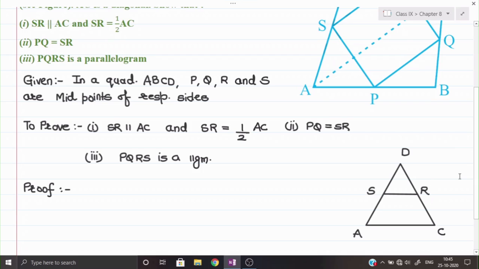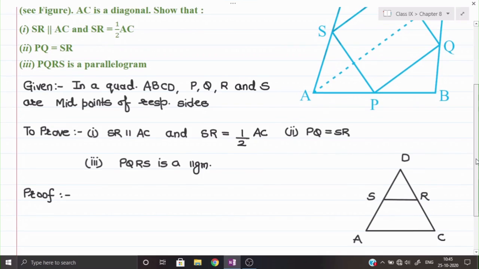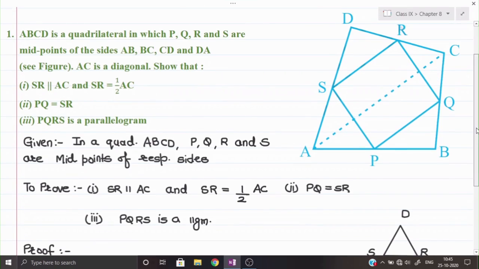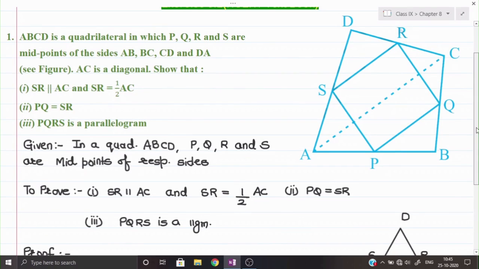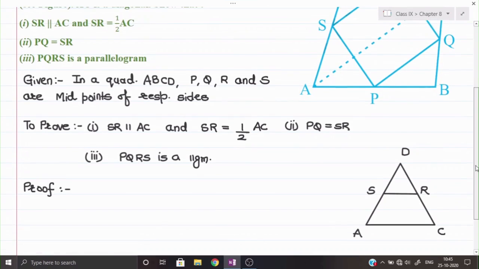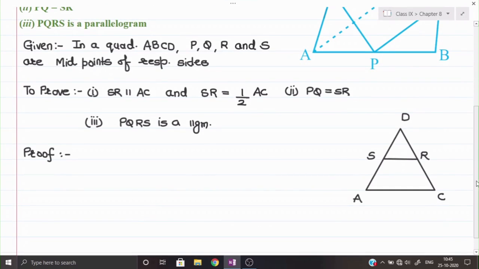Once again check, S I mark as midpoint of AD, right? And R is the midpoint of CD. Look at the main figure. Now try to remember what I told you in the midpoint theorem. S is the midpoint of AD and R is the midpoint of CD, that is given to us.